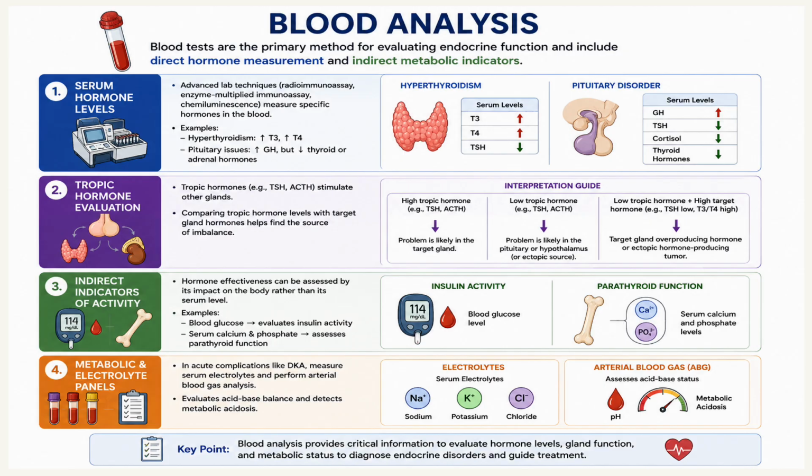Comparing tropic hormone levels with target gland hormone levels will help us to identify the source of the imbalance. For example, if the target gland is producing excessive amounts of hormone, right, while the corresponding tropic hormone level is low, the problem is likely originating within the gland itself or from an ectopic hormone producing tumor.